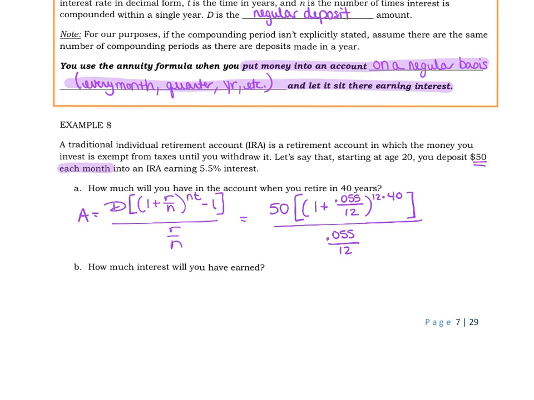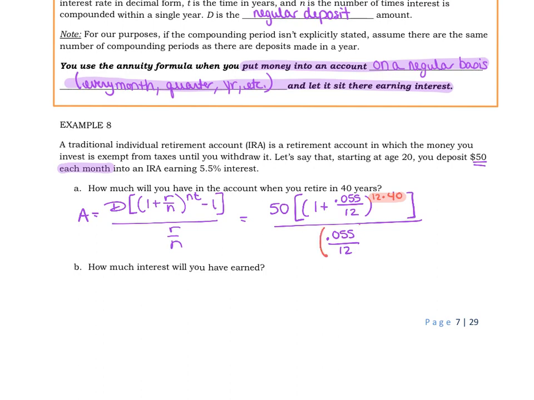All right, so again, calculating that exponent first. Go ahead and take care of that part first. That's going to be 480. And you're going to want to enter this exactly as it is on the paper. So you're going to want 50, parenthesis, parenthesis, 1 plus 0.055 divided by 12, parenthesis, raised to the 480 power, end your parenthesis, divided by, and then be very careful about this.